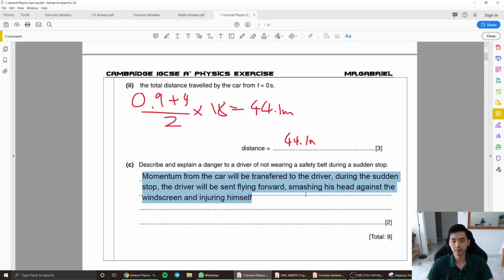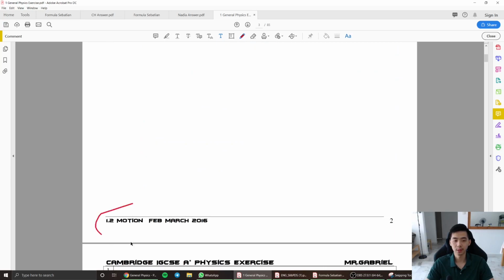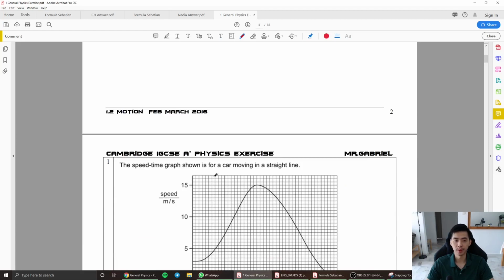The driver will be sent flying forward, smashing his head against the windscreen and injuring himself. Okay, so this will be the part 1 of motion time graph. Let's proceed to part 2.